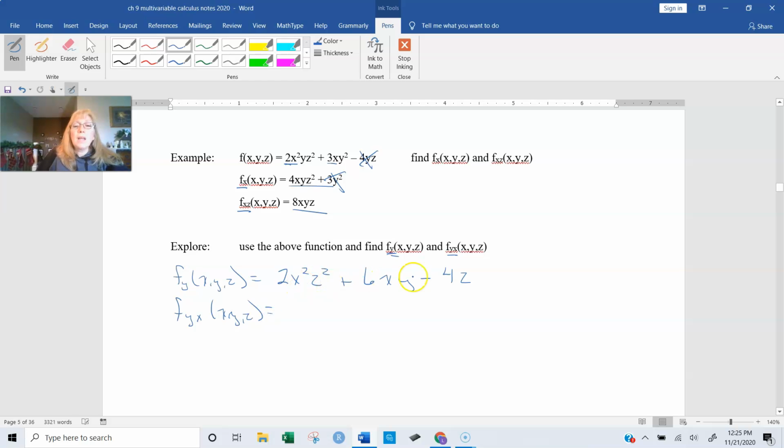At least the one we just had. This one doesn't have an x, so he's going to disappear. This one we look at this part. We have 4x, nothing else. 4xz squared plus 6y. And that's finished. There's nothing else to do.